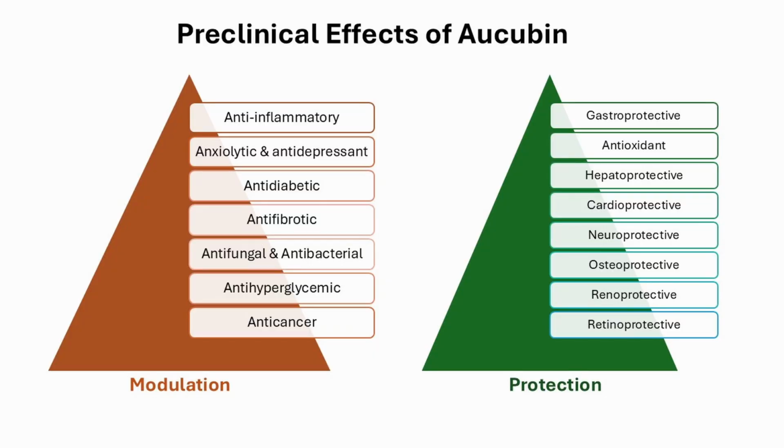The combination of NFkB inhibition and NRF2 activation makes Aucubin a very interesting compound in the context of chronic and degenerative diseases. These pathways are implicated in Aucubin's ability to help protect the liver, lungs, kidneys, heart, eyes, brain, bones, and so on. Of course, this is all in preclinical models. Still, take a look at all the potential effects Aucubin has shown.